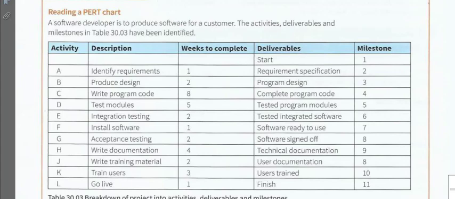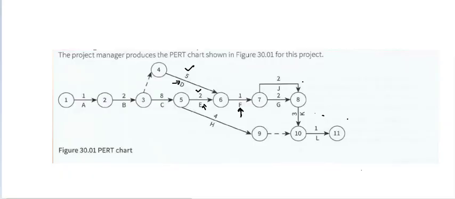So obviously activity F can only take place after activity D and E, which are related to testing, have been completed. So this makes perfect sense.